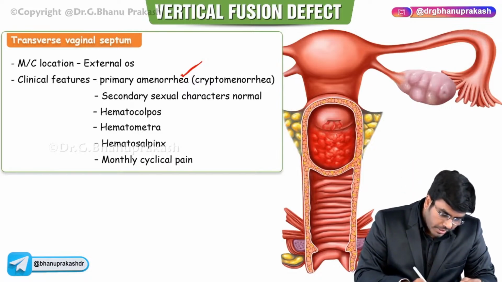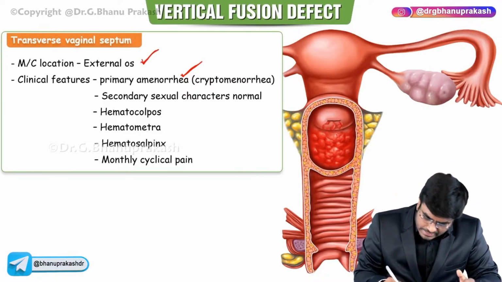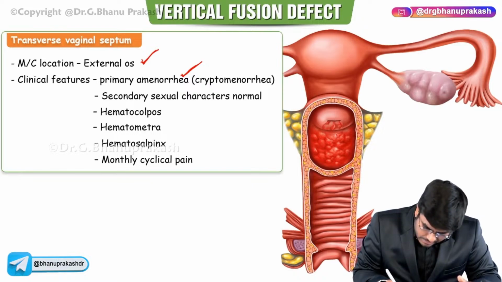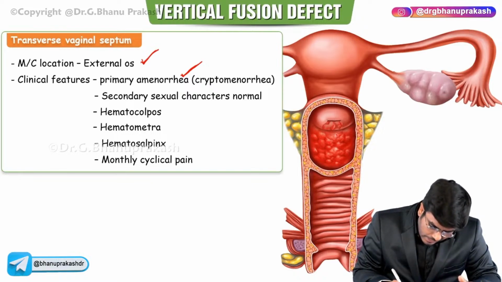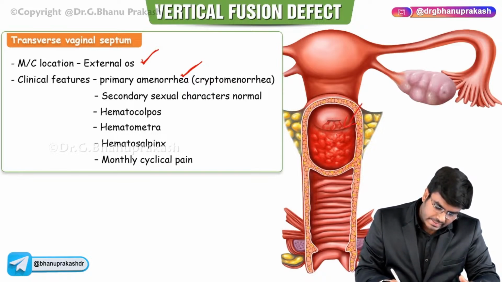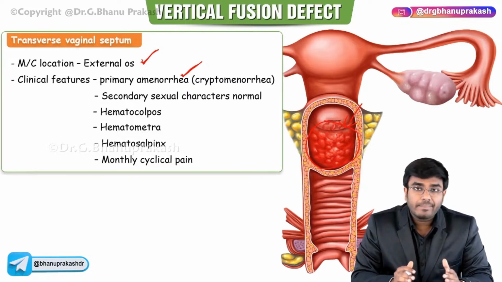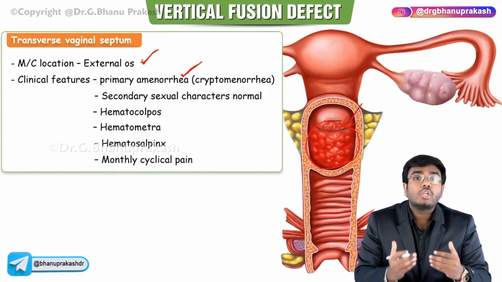And the most common location for this transverse vaginal septum is near the external cervical os. Guys, please concentrate on this image. I think you can see this image. It's very clear that all this menstrual blood is getting accumulated over the septum and it is not coming out. See, there is this menstruation happening, but that menstrual blood is not coming out.